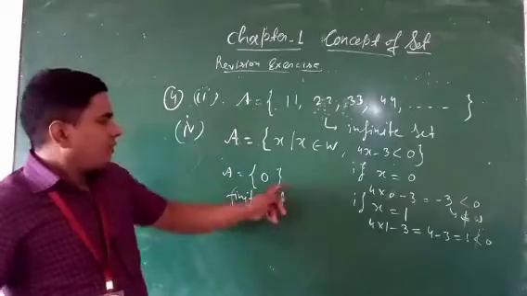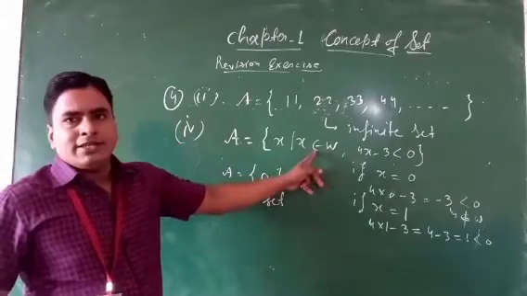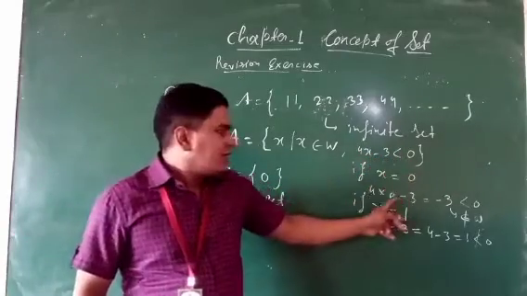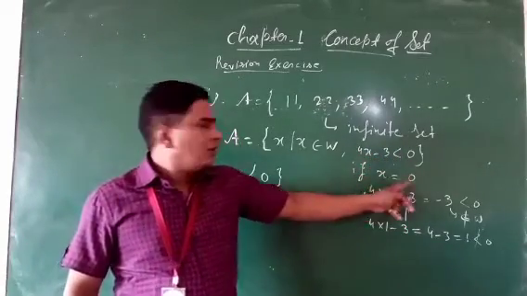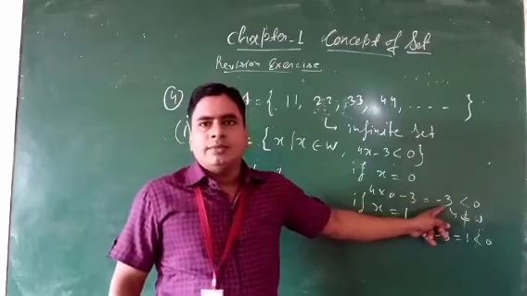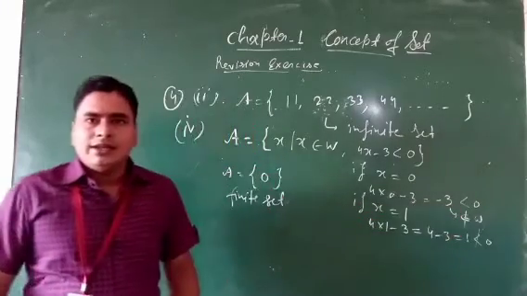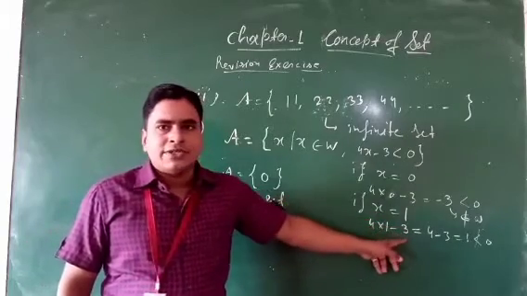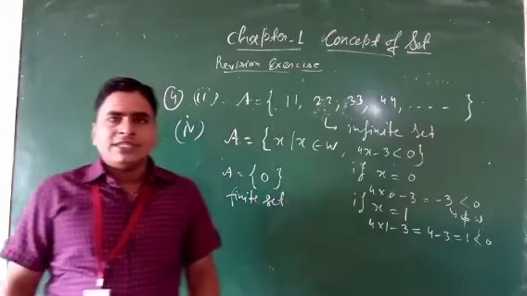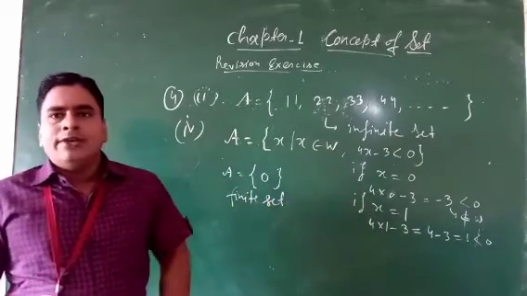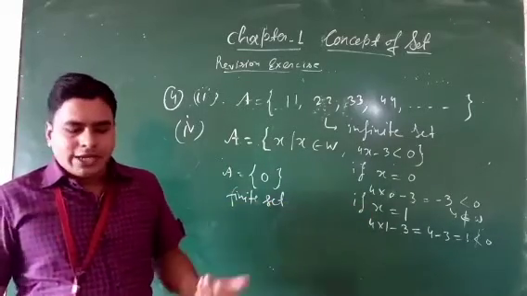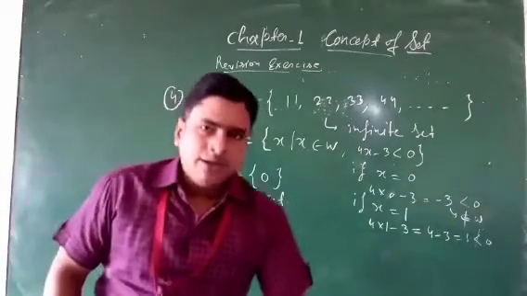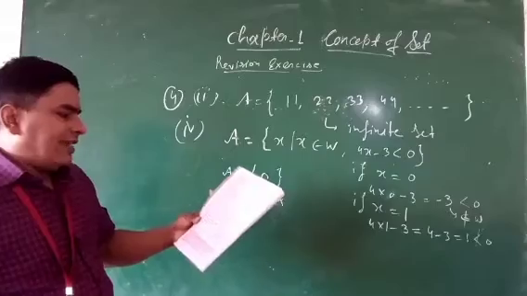If we put x is equal to 0, it becomes minus 3, which is less than 0. But if we put x is equal to 1, the value of the expression becomes 1, which is not less than 0. So that's why the set consists of only one element. Clear? And it is a finite set.